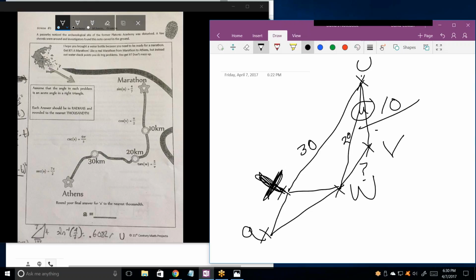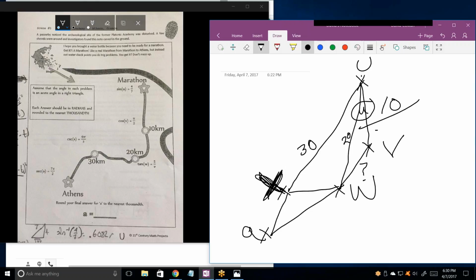and ending up with, I guess the distance they want is from the Marathon to Athens in a straight line? I'm not sure.